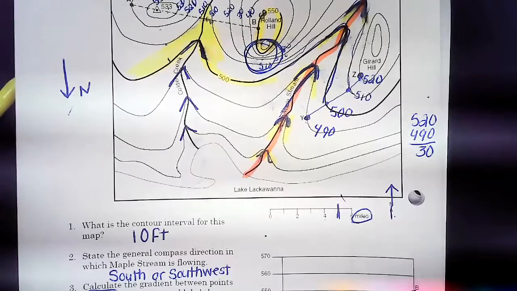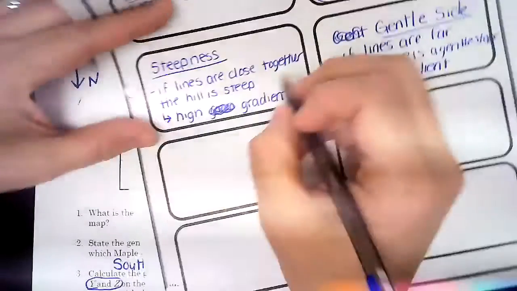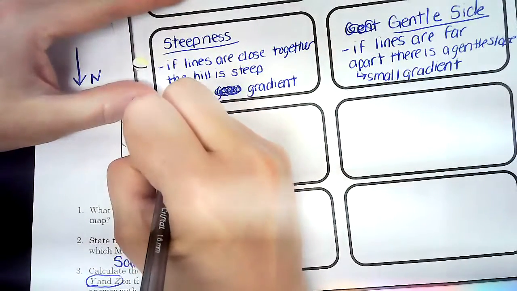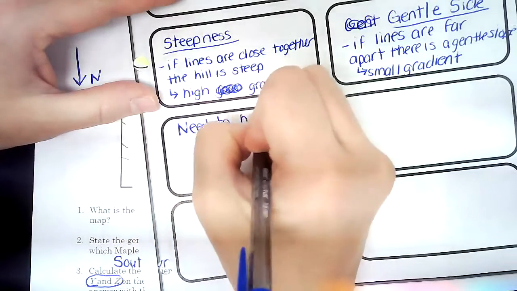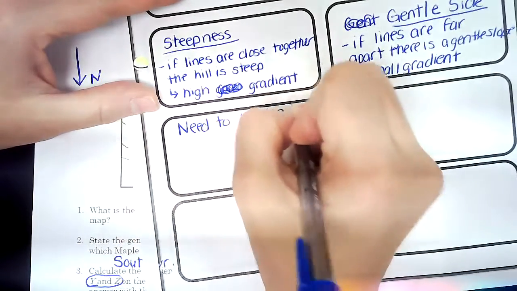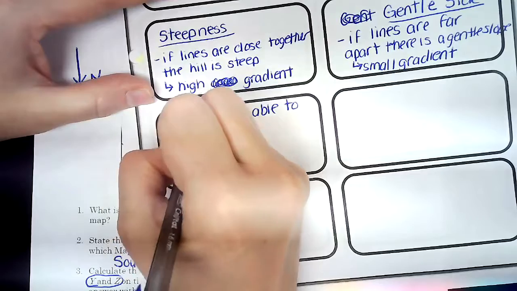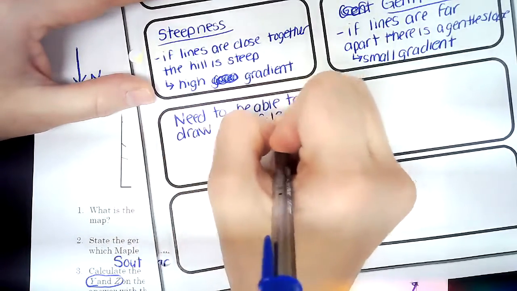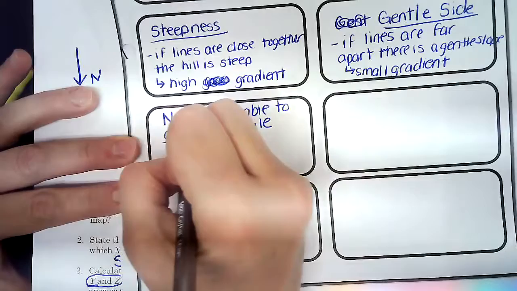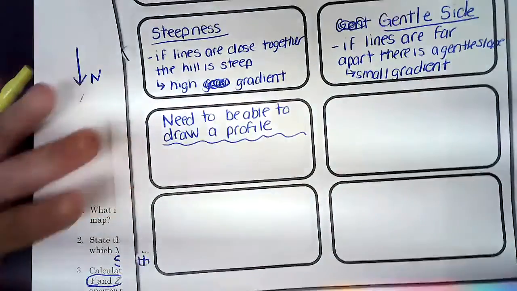So you need to be able to draw a profile. So on your reference table, you need to be able to draw a profile. I don't think we have room to put all the steps.